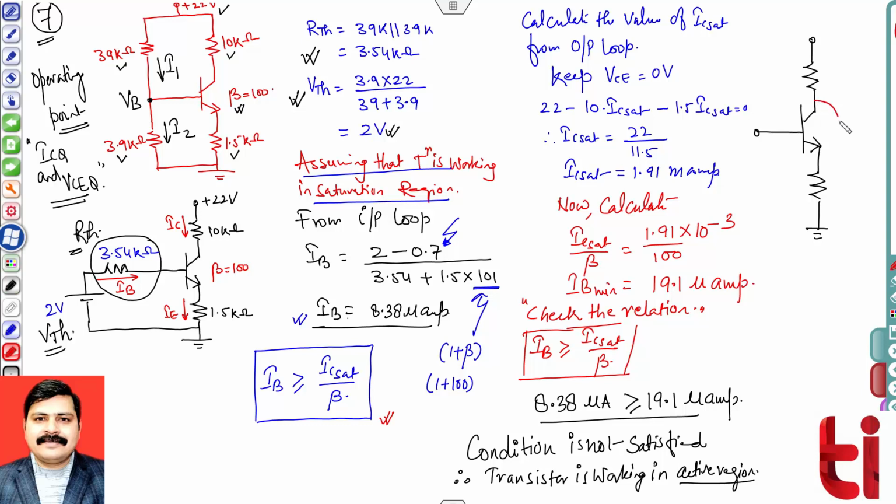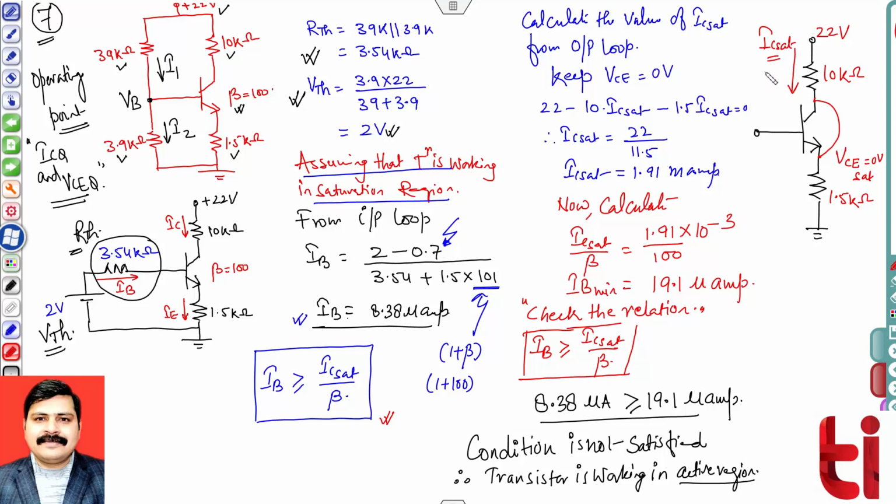If the transistor is on and no practical value is given, we will assume that my VCE sat will be equal to 0 volt. So you can see it is 22 volts, 10 kilo ohm, and this value is given as 1.5 kilo ohm, and the current flowing over here is my IC sat. This is my saturation current.